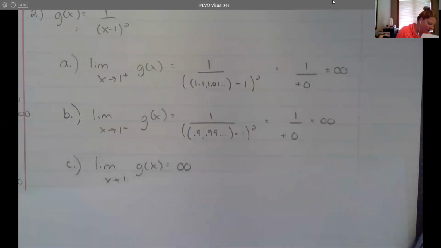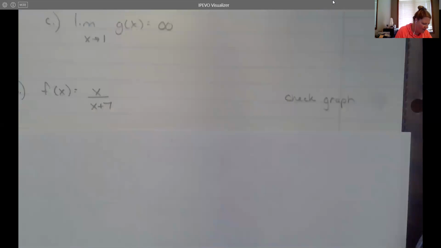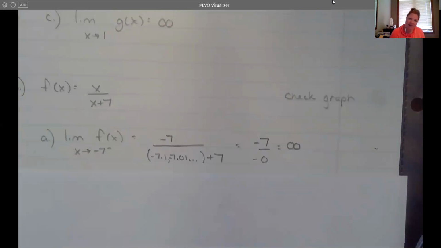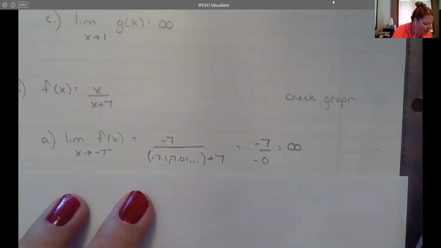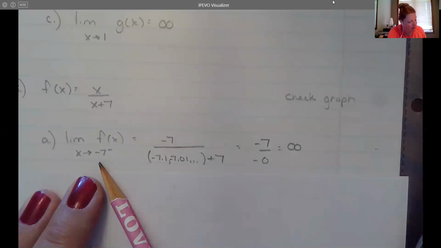Okay, all right, let's see here. What if we have a function like x over x plus 7? Again, we're looking from the left side of negative 7, which makes 0 in the denominator.